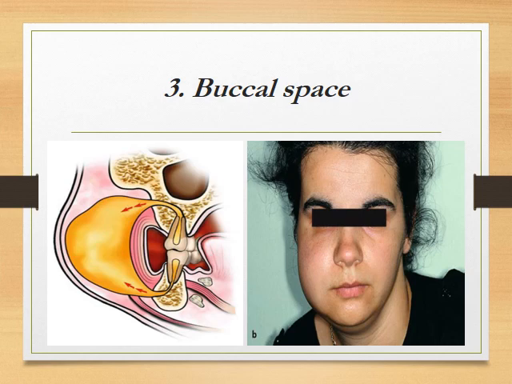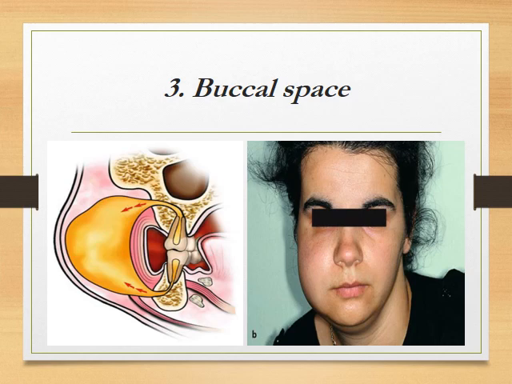So during examination, when the patient presents to our clinic with buccal space infection, I examine the oral cavity well to see which tooth caused this infection, whether it is a maxillary tooth or a mandibular tooth. In the lecture, you will see that the buccal space has the same description in the maxillary spaces and in the mandibular spaces, as we will discuss here.